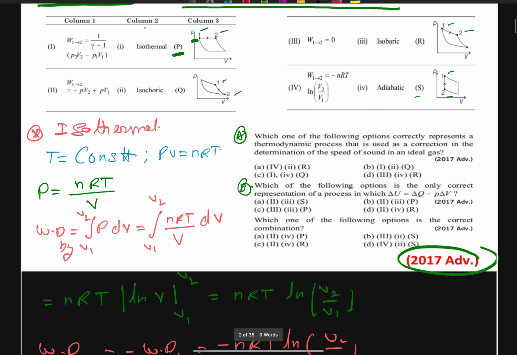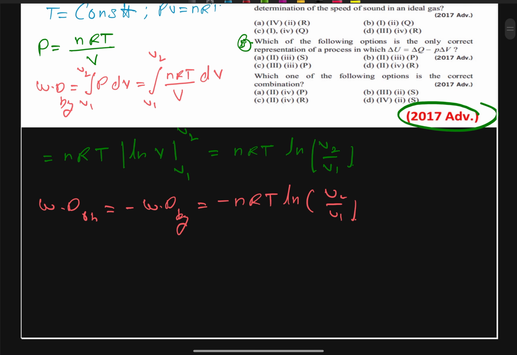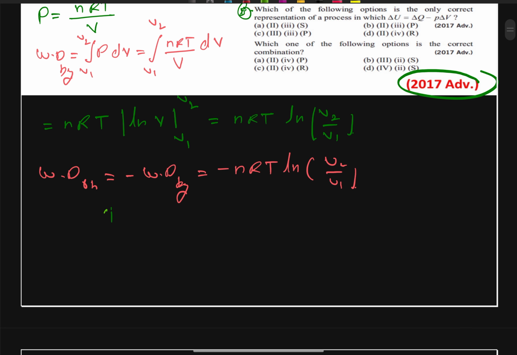So from here we get that for our first option, option number 4 is correct. Okay. So we can say first matches with fourth.